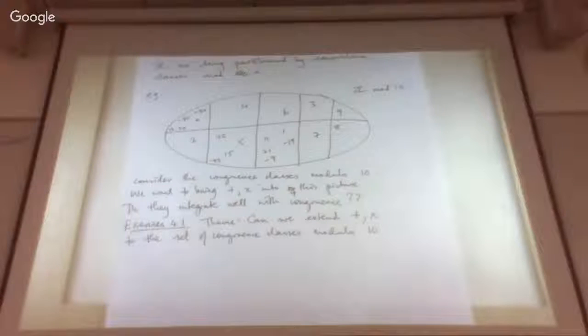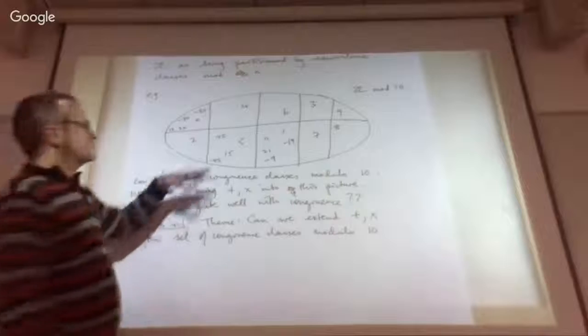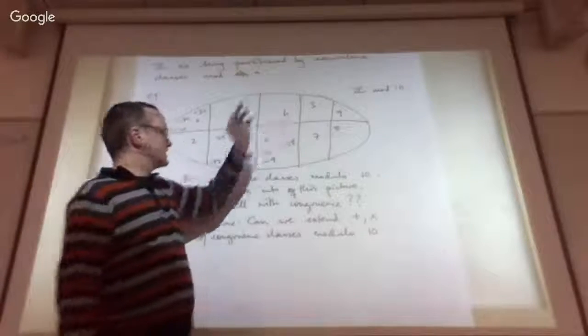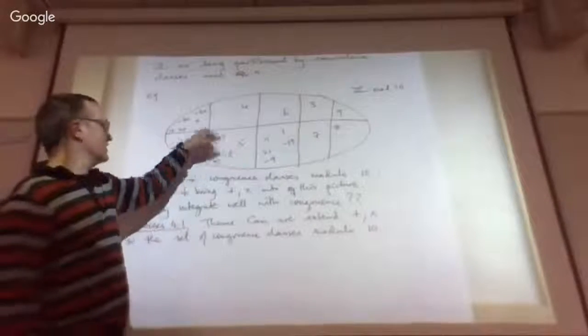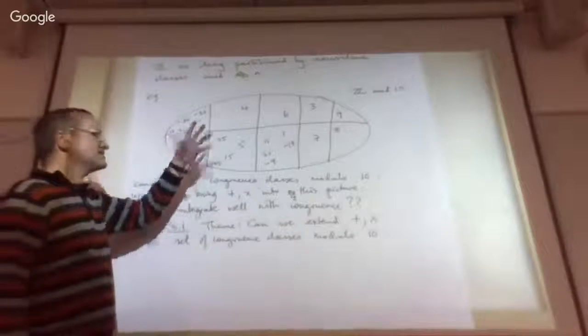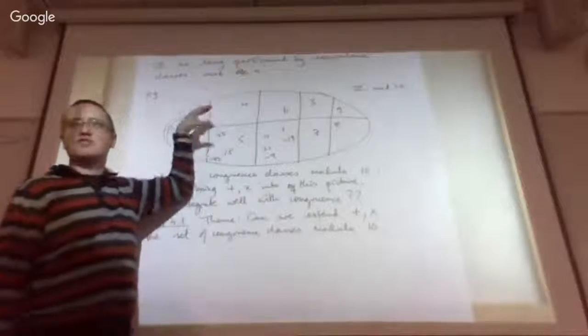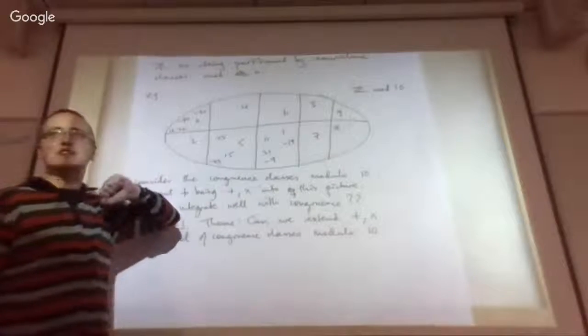But this will give us this natural idea that a polynomial is a naturally defined function on the set of congruence classes modulo 10. Because if it was the case that, say, when we evaluated f at 5 you got 6, but if you evaluated f at 25 you got 2, then we couldn't say that f was a function on the congruence classes, because it isn't well defined.